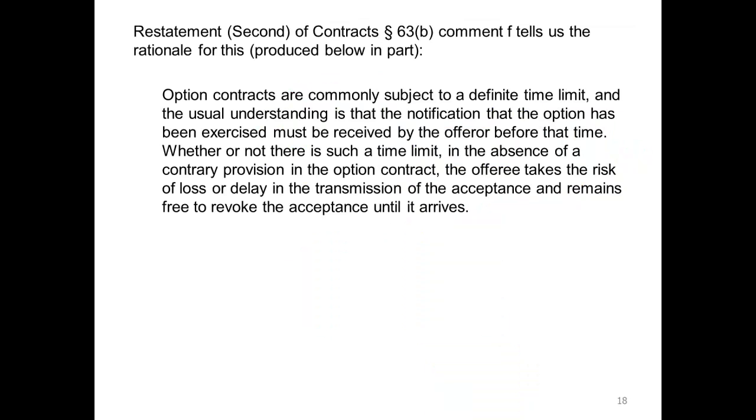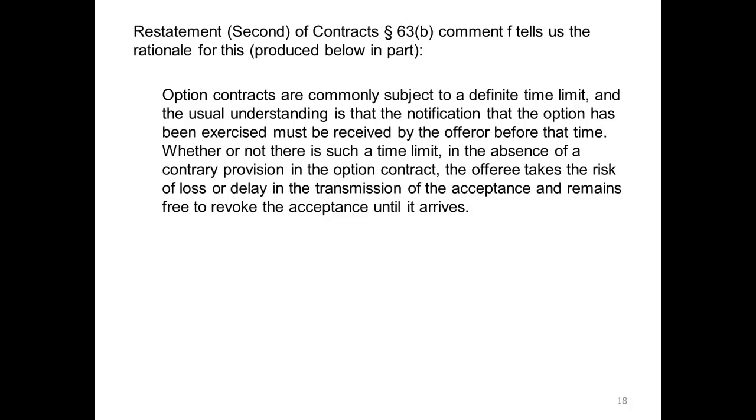Now, Restatement Second of Contracts 63(b), comment f, tells us the rationale for this, and I've produced it below in part. The basic idea is that option contracts are subject to a definite time limit, and the usual understanding is that the notification that the option has been exercised must be received by the offeror before that time.